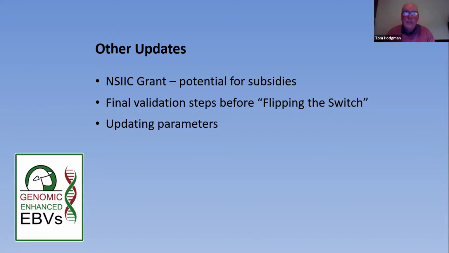We put it in last summer, and we were awarded the grant last fall. In that grant, we budgeted for genotyping of lambs of lower quality, lower end lambs, ones that we didn't think producers would be willing to pay for.